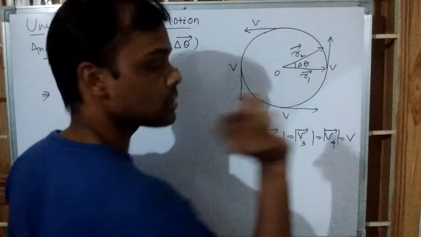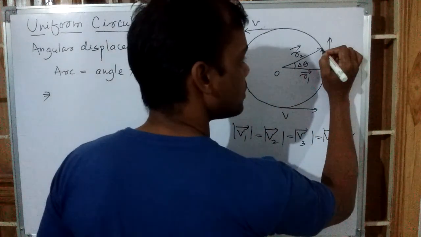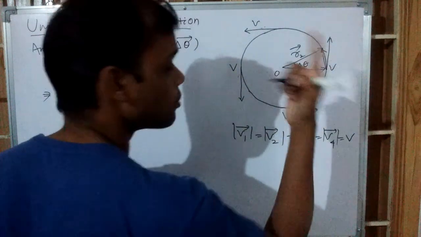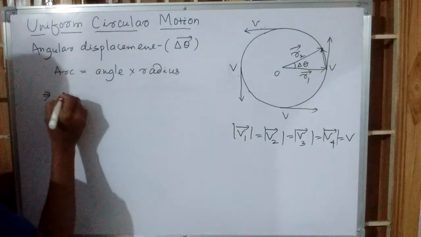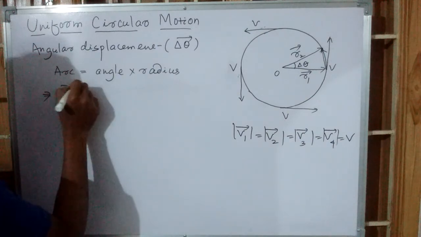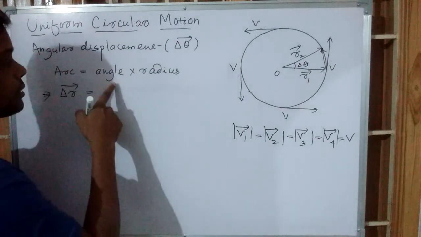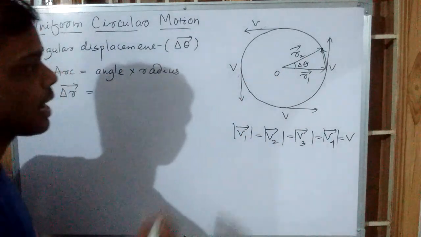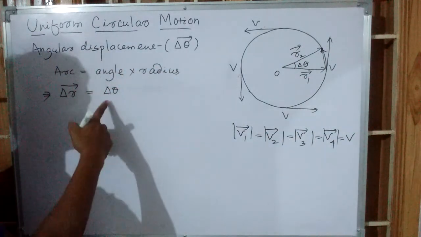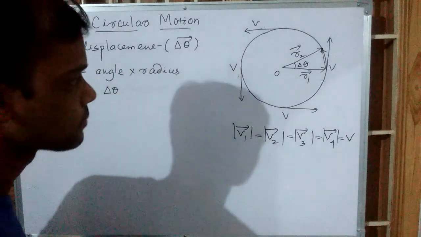Let us suppose this displacement is very small. From this point to this point, the linear displacement is very small. Arc length is displacement, so I can write it as del r, linear displacement. What is the angle subtended? It is del theta. I don't know whether del theta is a vector or a scalar, so I will simply write del theta.